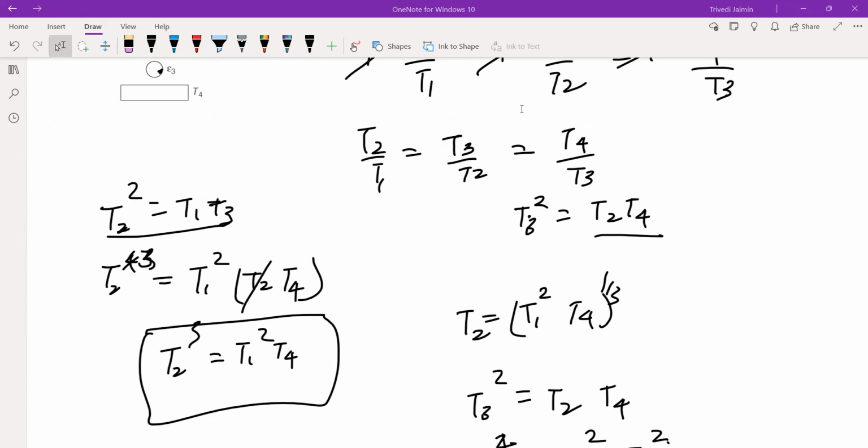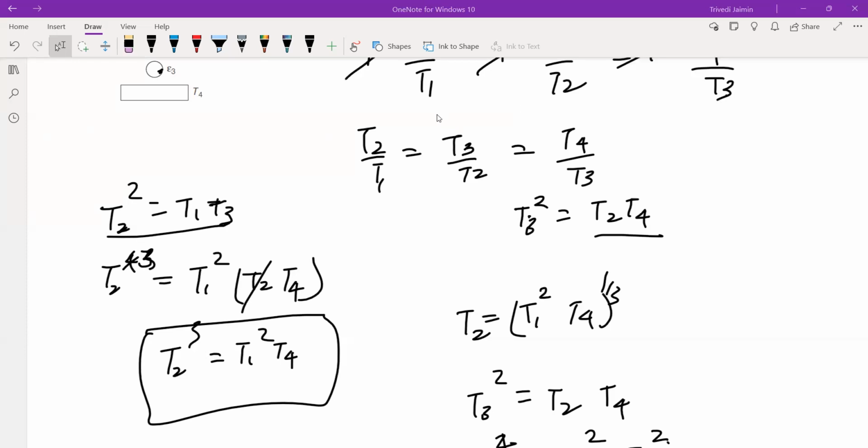Vishwanath? Clear? Okay. Still I'm waiting for Anjali and Divya. Sir, can you explain once again the T3 part?